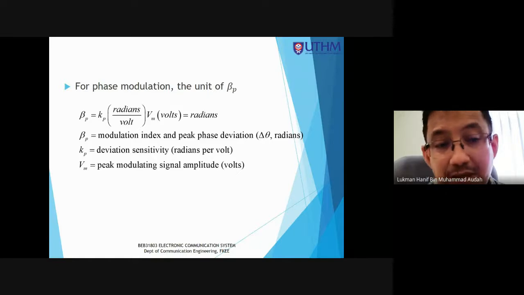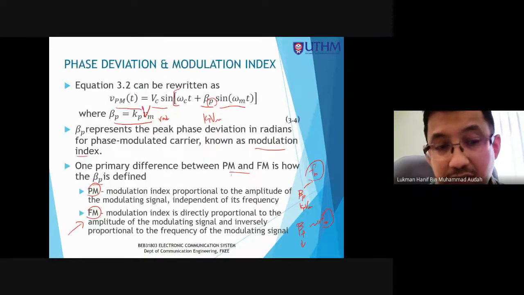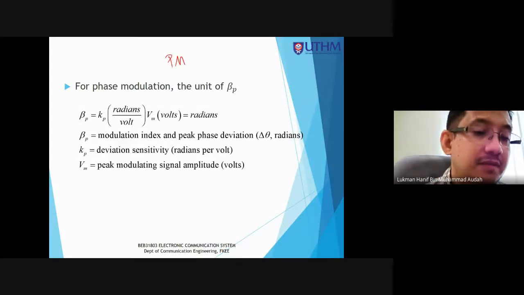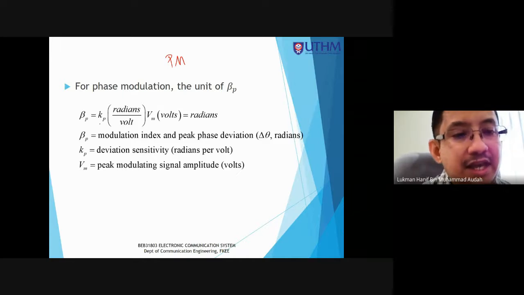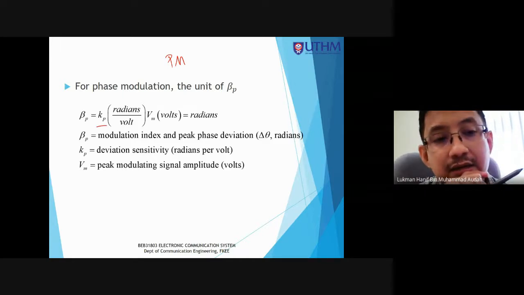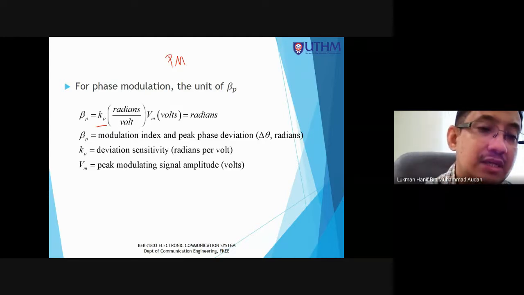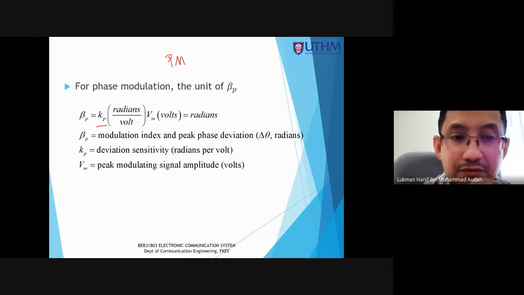About beta P, tadi kita masih dalam beta P, modulation index for PM. So we are still learning about PM, phase modulation. Okay. So remember that KP, ni kita dah lihat adalah phase deviation sensitivity parameter where the unit is radian per volt.